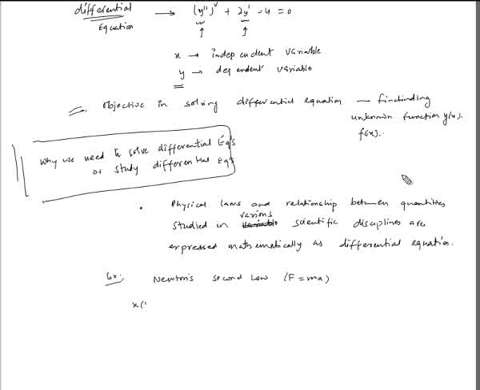Say I know the position of the particle, h of t represents the position of the particle at time t, and m is the mass of the particle. m is constant.